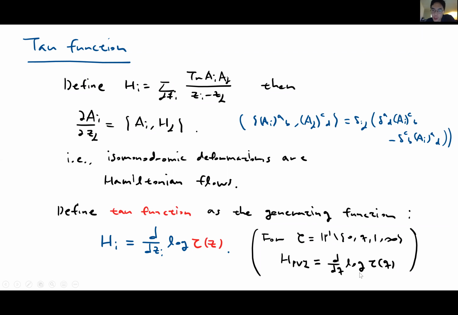We don't have many punctures here, so we only have a single Hamiltonian, and the meaning of a generating function doesn't mean very much, but still, this is how we define the tau function for Painlevé VI. It's an antiderivative of our Hamiltonian.